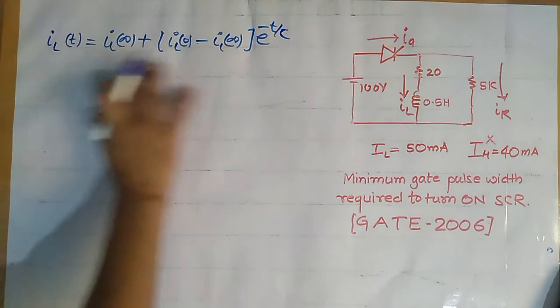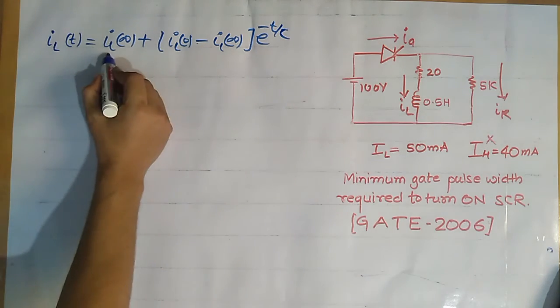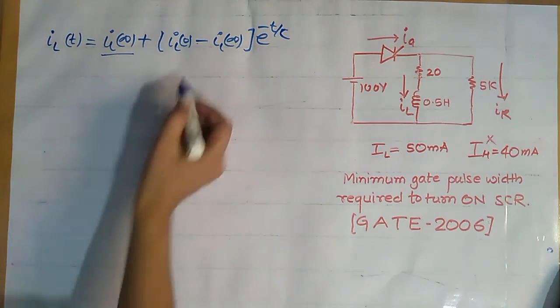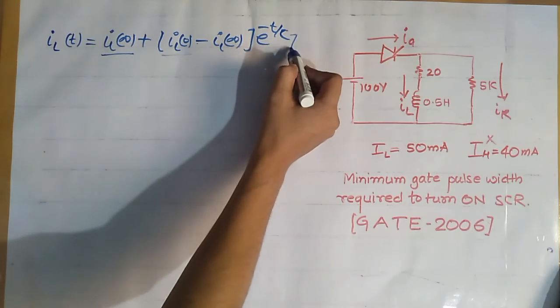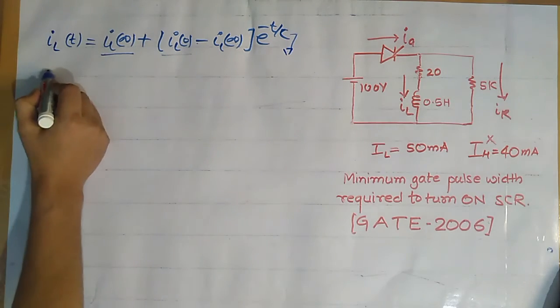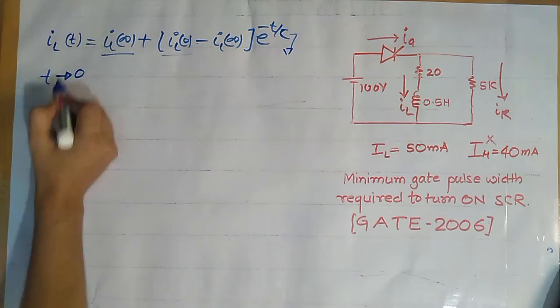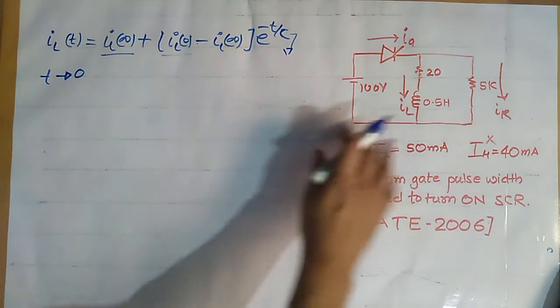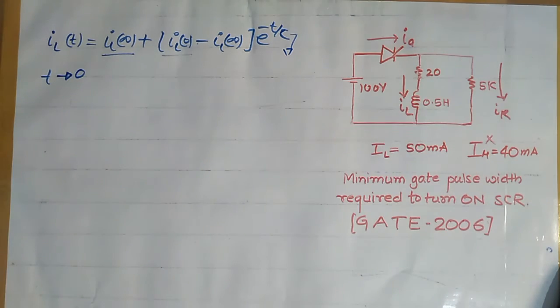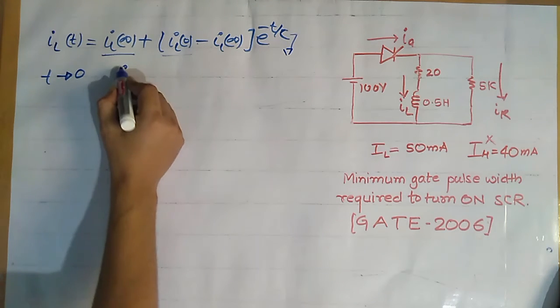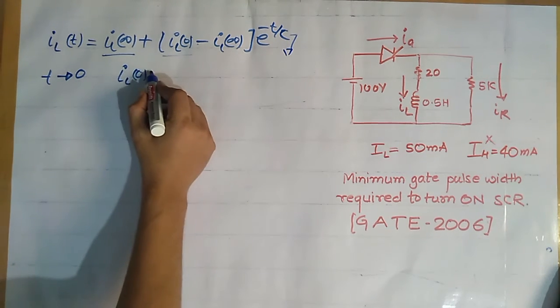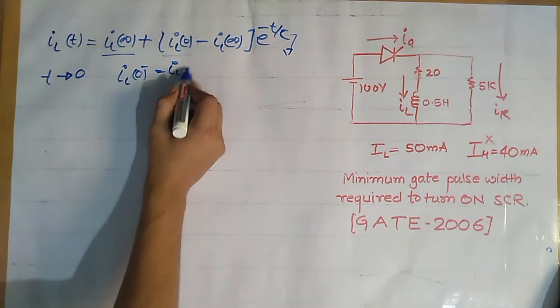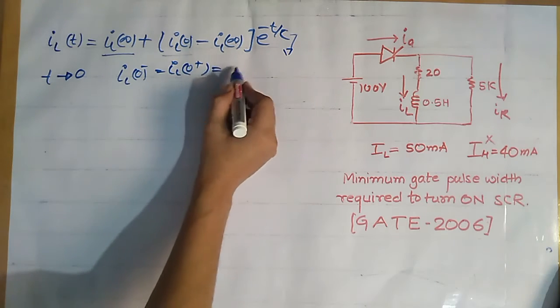Now to solve this, we have to find the value of inductor current at infinity, inductor current at 0, and the value of tau. First, when t tends to 0, initially this inductor is not charged. That's why IL0 negative is equal to IL0 positive, and that is equal to 0.